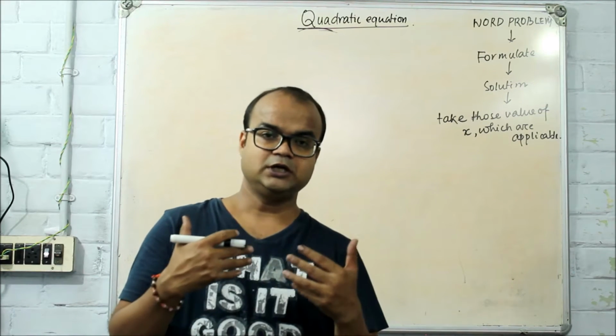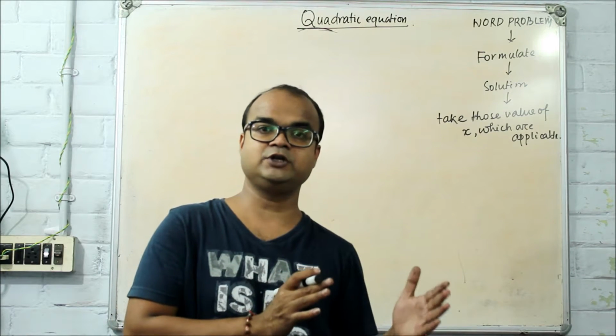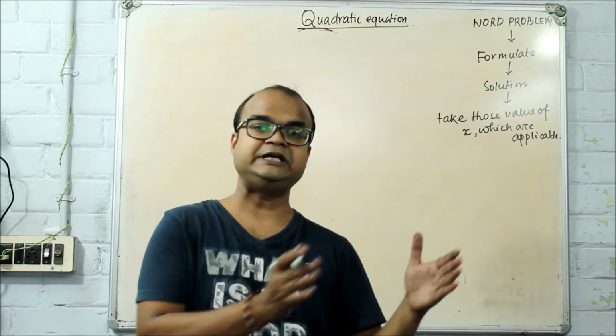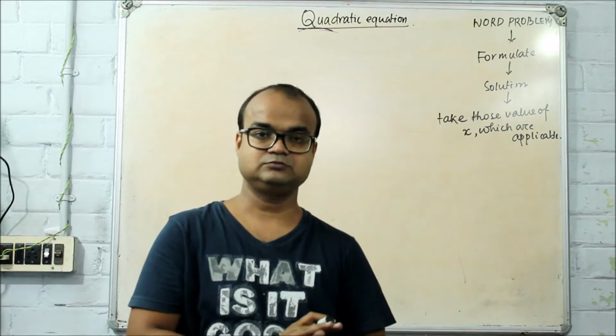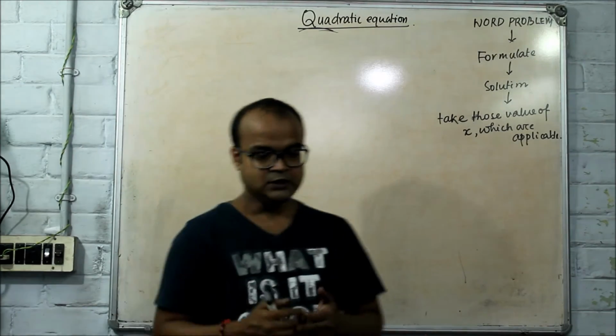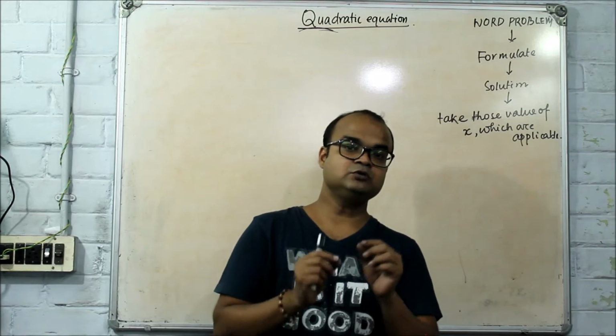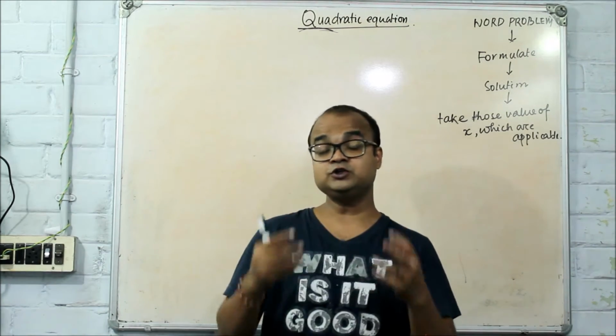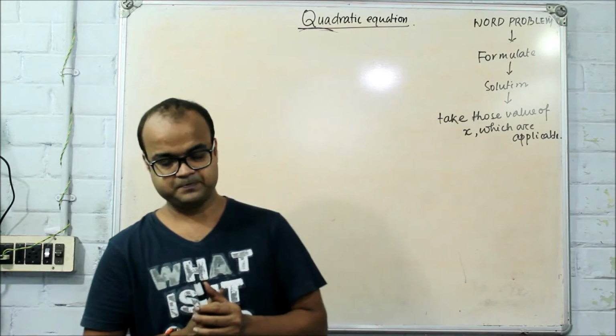Now if you go through the entire problem set as given in your textbook, I classify the problems into different categories. Today I am going to give you some general guidelines on how you are going to consider the variables.